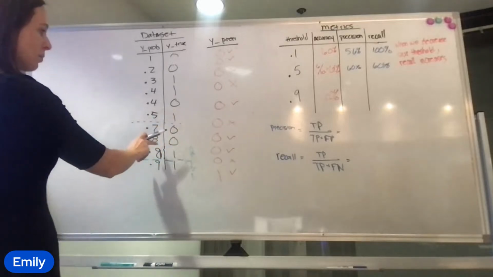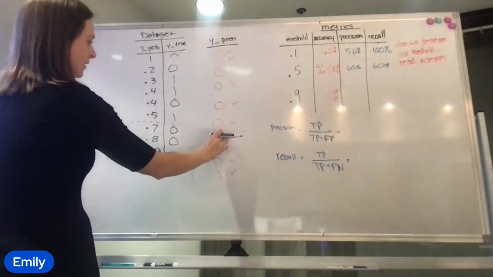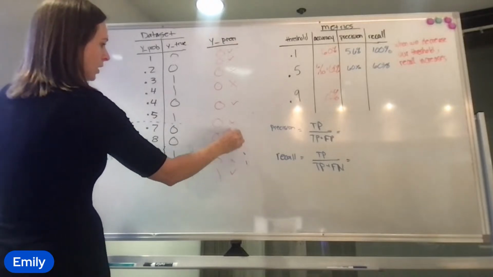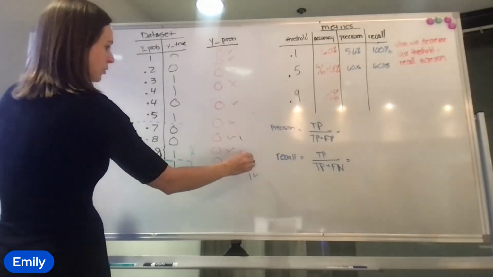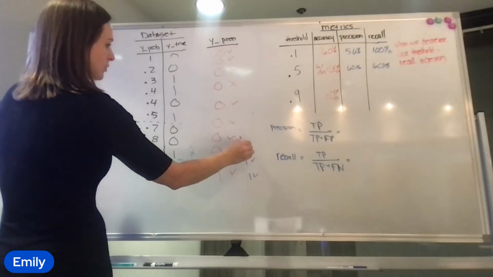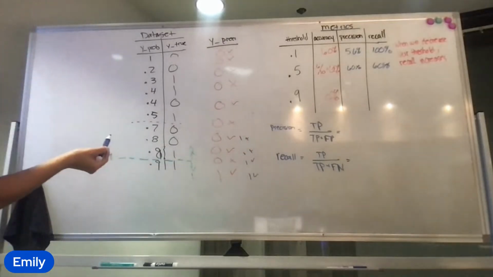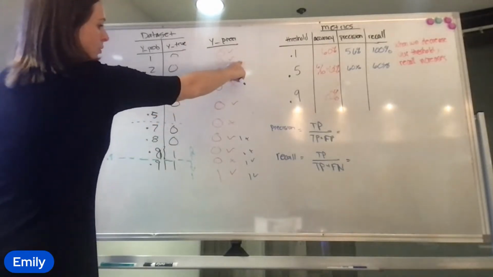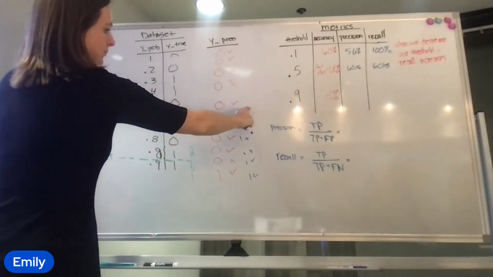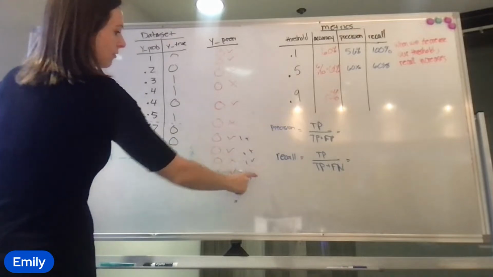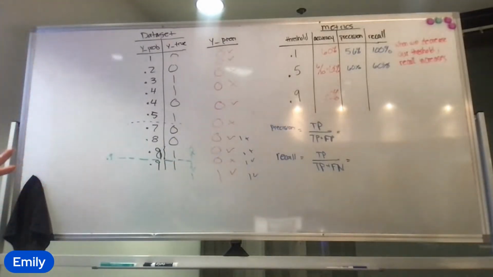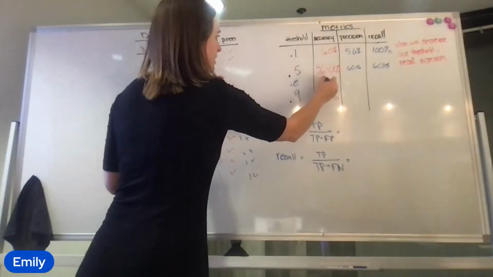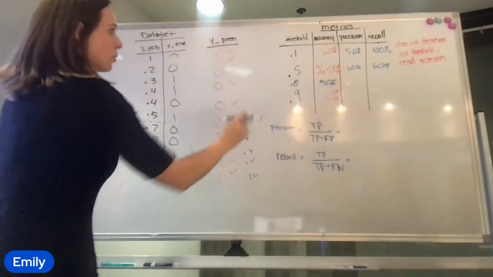So if we moved it to 0.7, then these predictions would actually change to 1, 1, 1, 1. This would be correct. This would be correct. This would be incorrect, incorrect. So that would change the accuracy to 50% at 0.7.